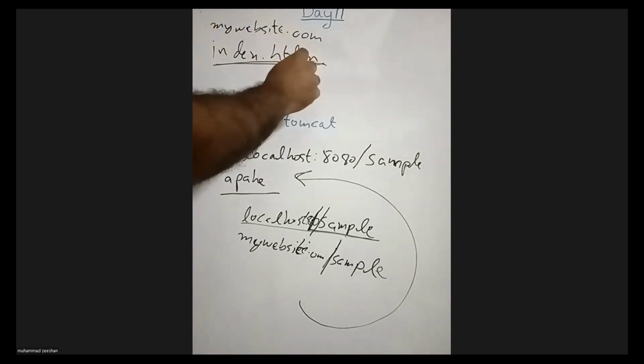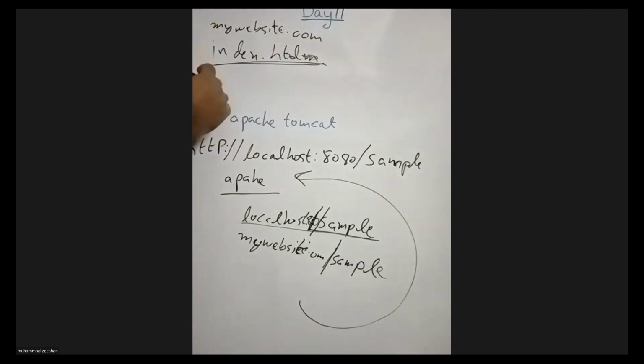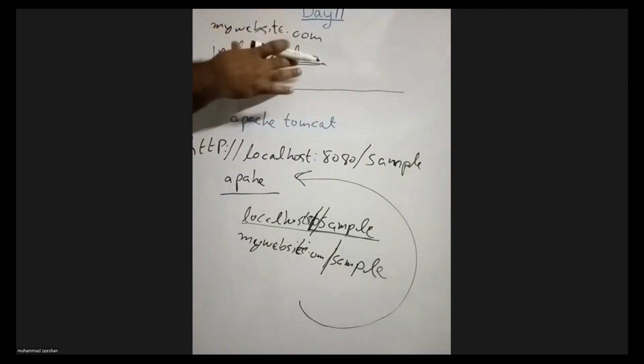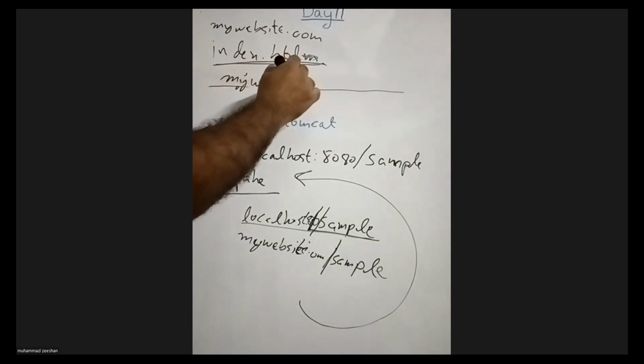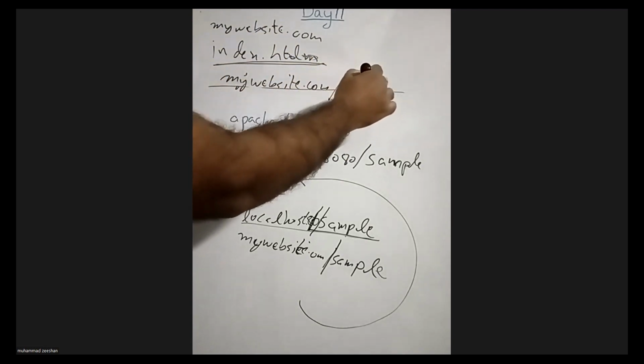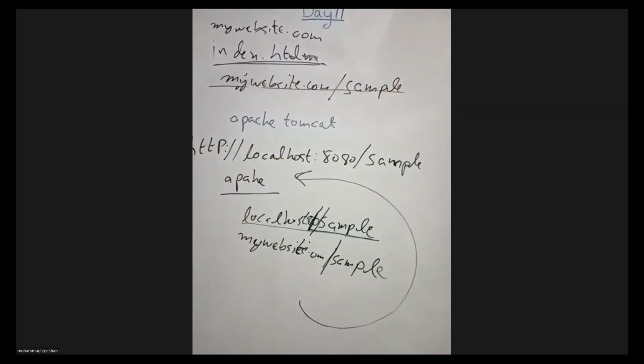And in that HTML page, I have defined code that whenever someone hits this website, it just redirects to mywebsite.com/sample. Now, in a real-life scenario, it could be a login page, it could be from where your Tomcat website starts.